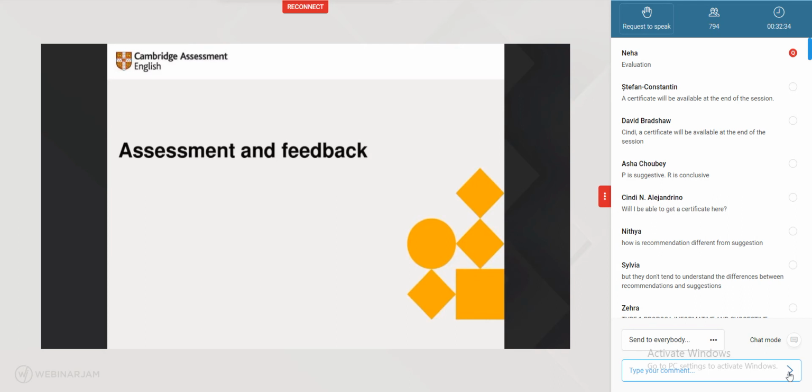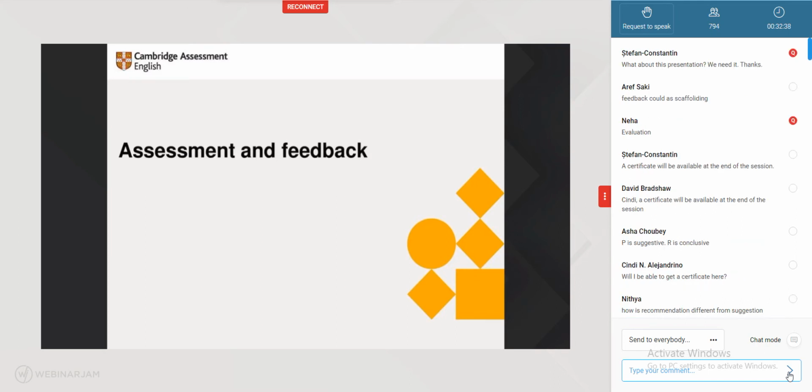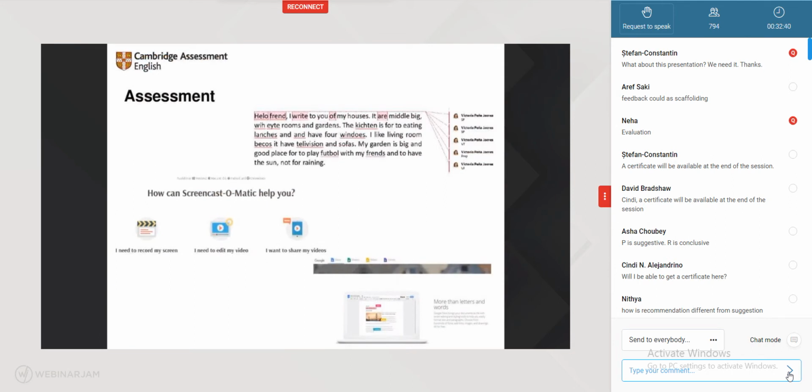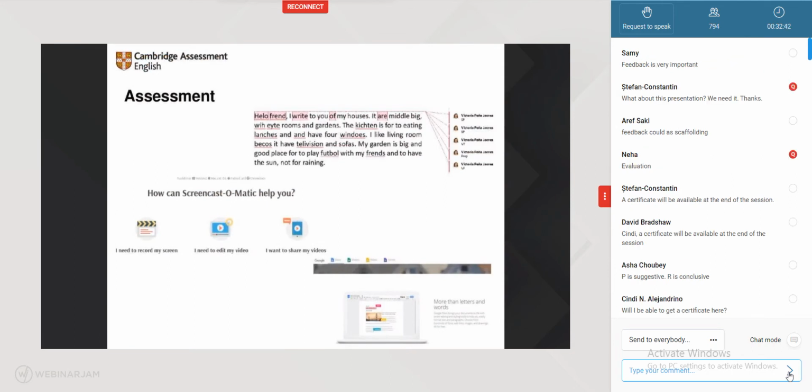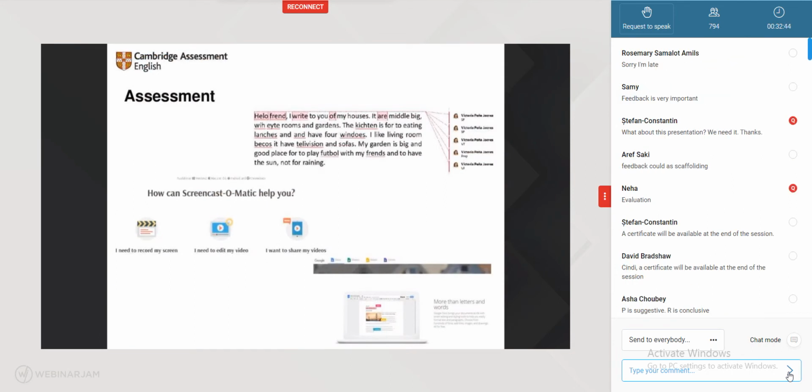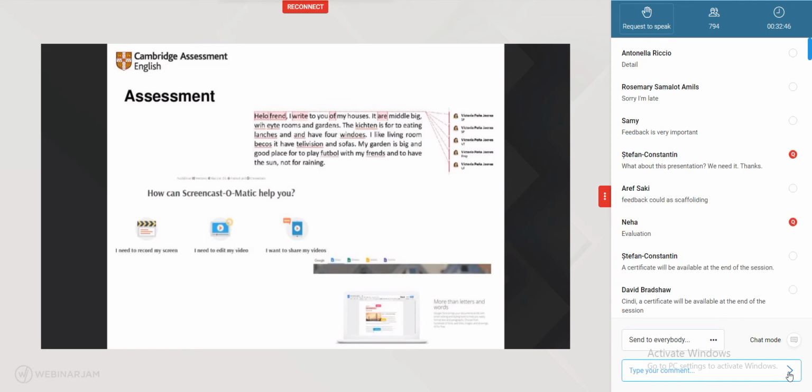And so different approaches to this, especially considering our current situation, Victoria? Yeah, we're going to look at some tools that you can use. I think that giving feedback and also assessing writing can be easier when we are teaching online, because there are different tools that you can use.